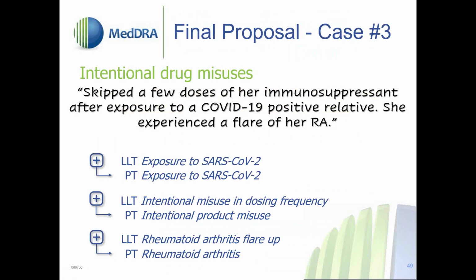So it's put in context here in the verbatim itself. And I think it's reasonable to make the assumption here that this was a conscious decision on her part. It was a misuse because it was for therapeutic reasons and because of an exposure to COVID-19. I think it's a reasonable medical consideration. I hope you can agree.